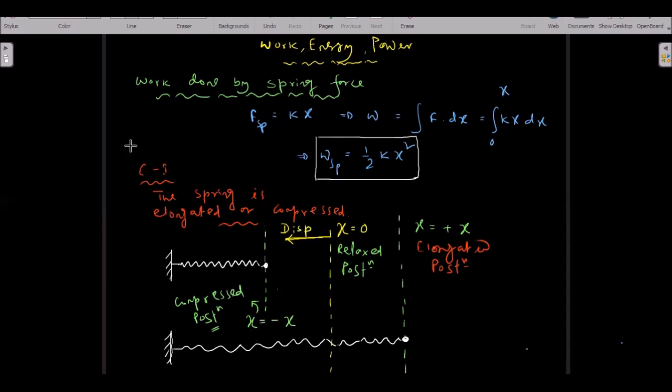And the spring force is acting in the opposite direction because the spring always wants to come back to the relaxed length. Okay, now this is absolutely fine. When the spring is elongated from x equal to 0, this is the direction.